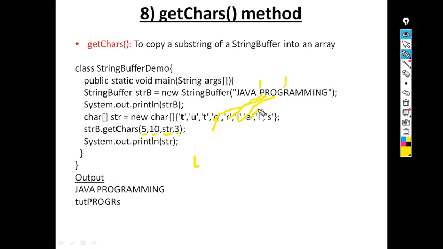This position will be changed by G, and this position will be changed by R. Whenever you print System.out.println(str), you will get the output as TUT, then PROGR, and then S.